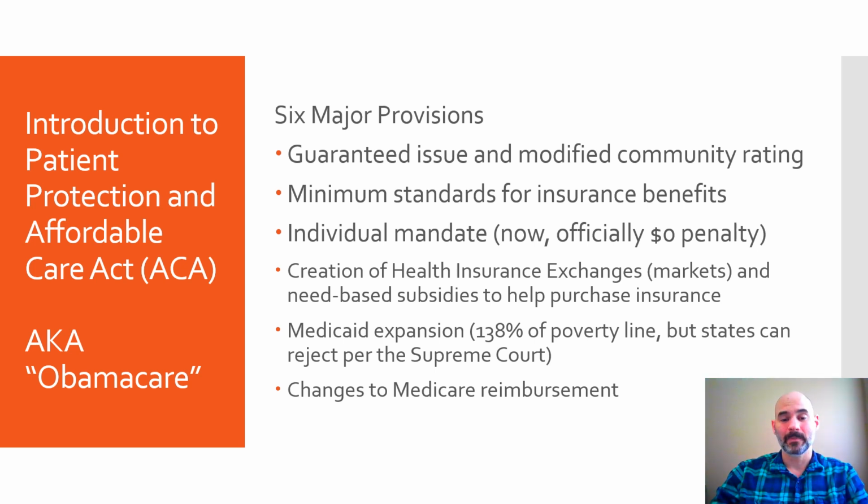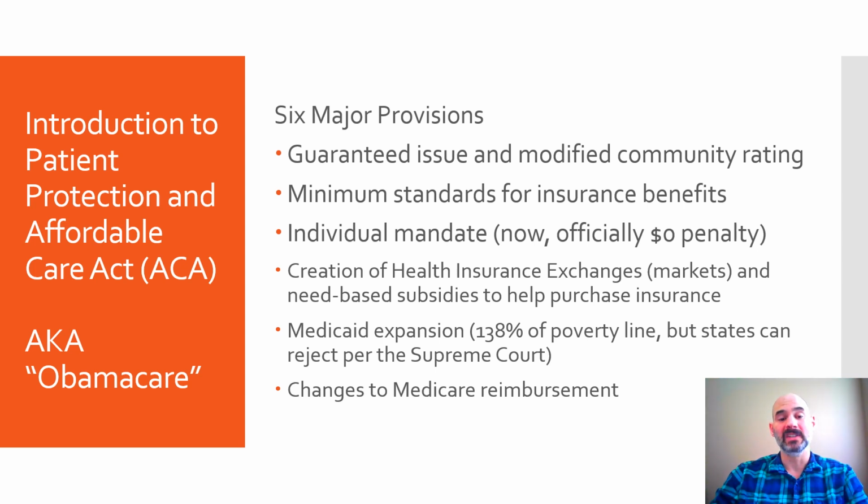The last two provisions relate to Medicaid expansion and Medicare reimbursement. We're not going to go into the Medicare reimbursement policies. These are numerous, and I think they get really into the weeds. But it's important because of how much healthcare expenditure in the country comes from Medicare and what impact minor changes on Medicare policies would have on the overall healthcare expenditures in the country.